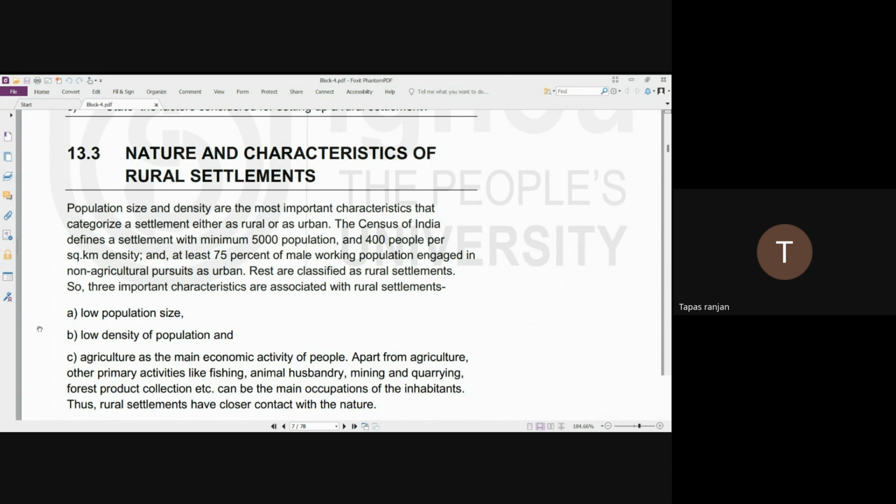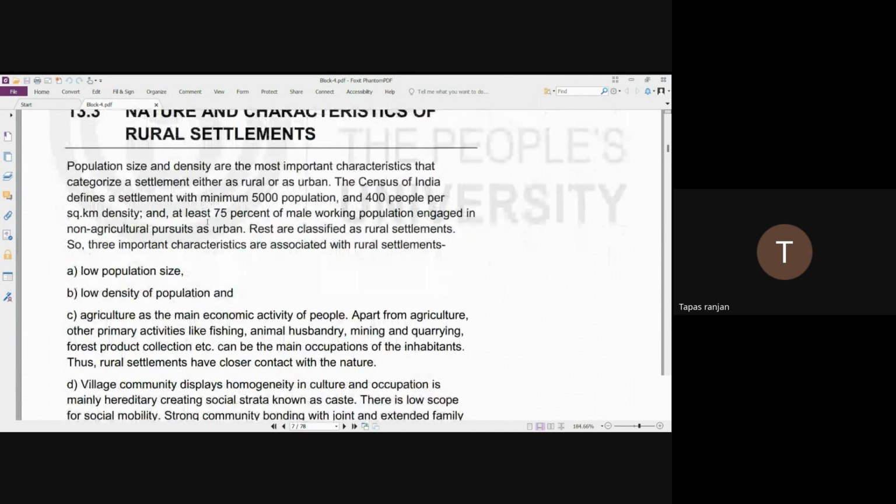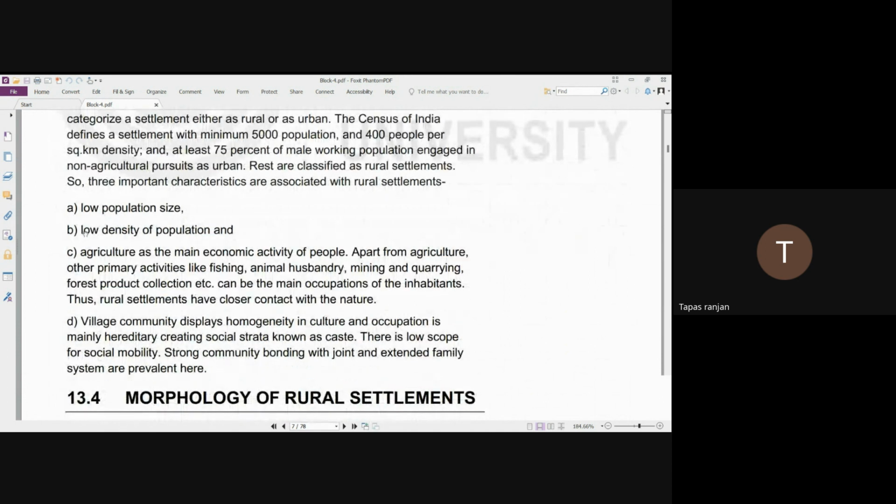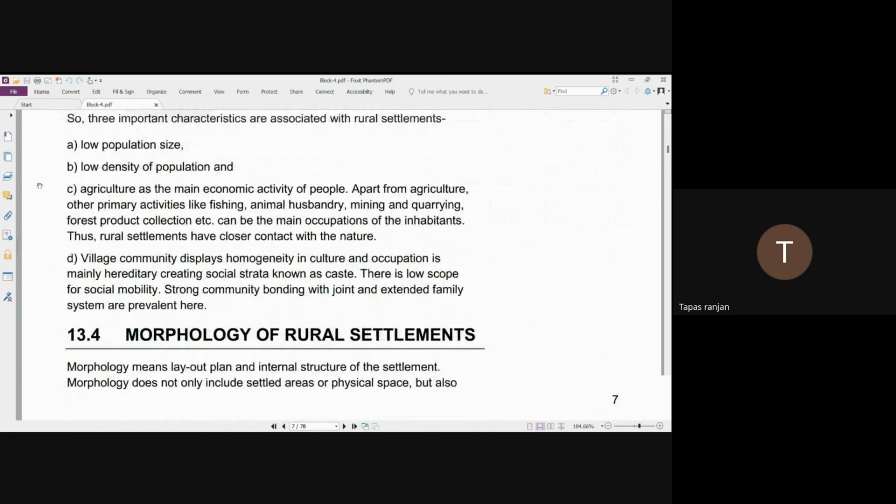It will be marked by low population size and low population density. Next, agriculture will be the main economic activity of people. Other than agriculture, there will be other primary activities performed by the settlers of villages, just like fishing, animal husbandry, mining and quarrying, then gathering of forest products.